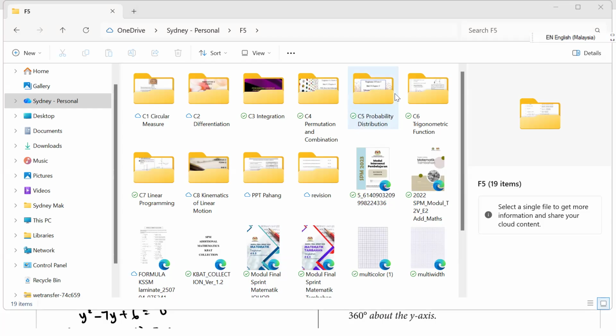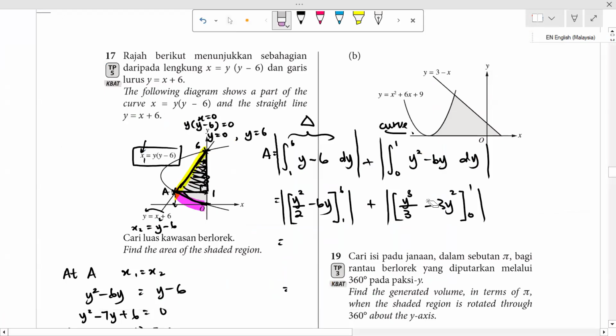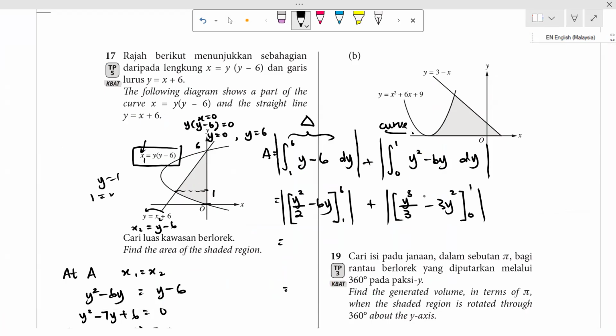You substitute y equals 1 into the function. So when y equals 1, what is x? It will be 1 equals x plus 6, so x equals negative 5. So it should be 5 here. Therefore, the height is 5. The base is 5. So with that, do you think you can get the answer? Okay, you'll check on your own.